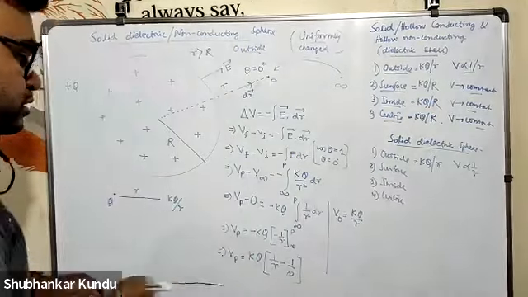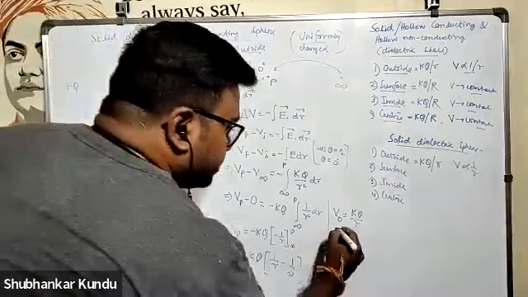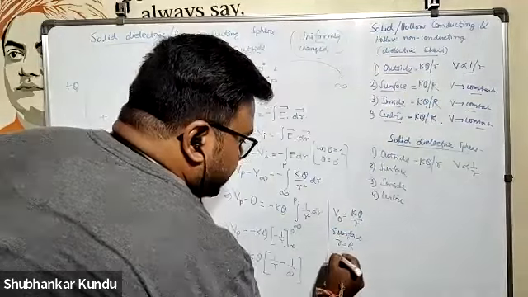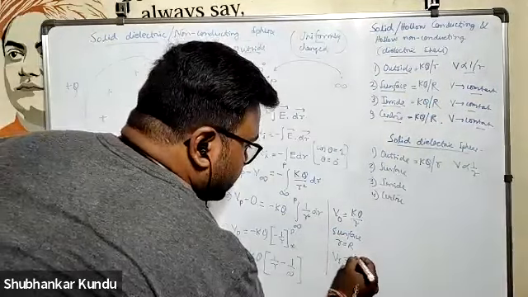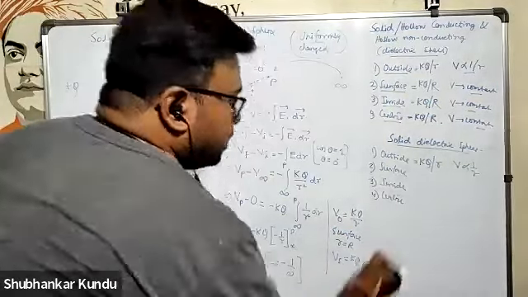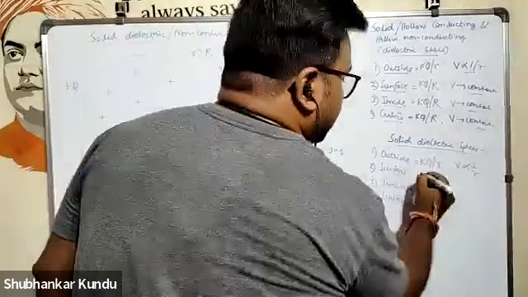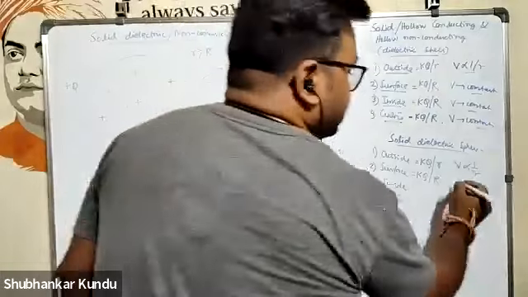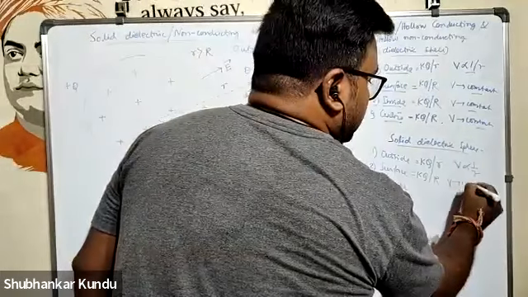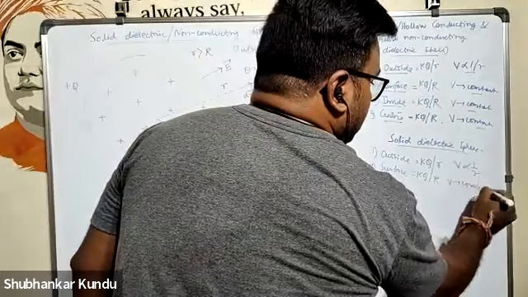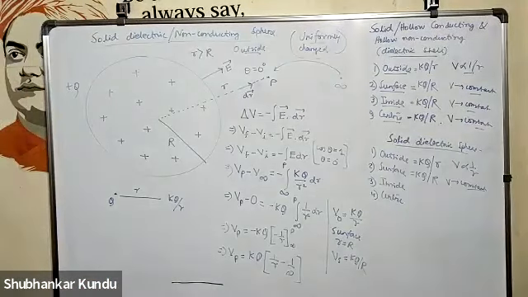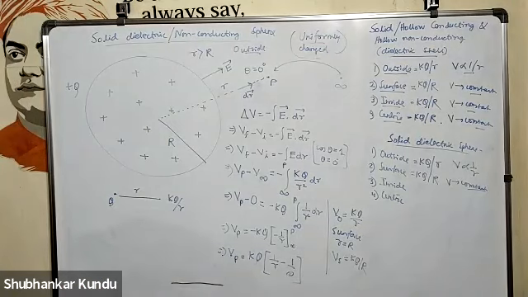Similarly, at the surface, small r is equal to capital R. So V surface is equal to KQ upon capital R. KQ are all constant, so for the surface, V is constant. I hope it is clear for all, and there should not be any kind of doubt.